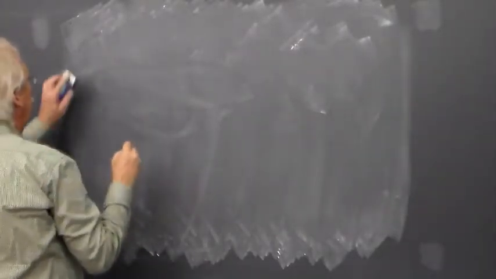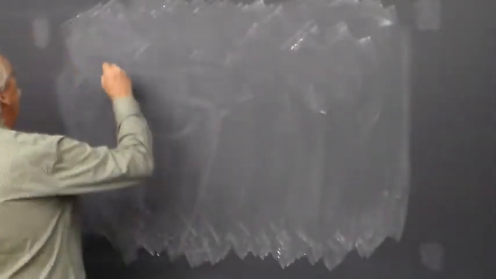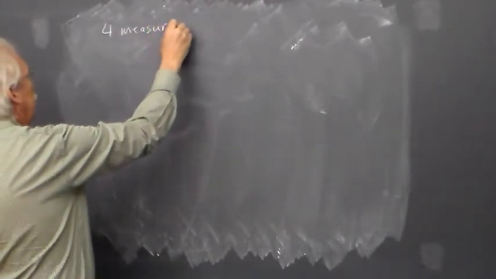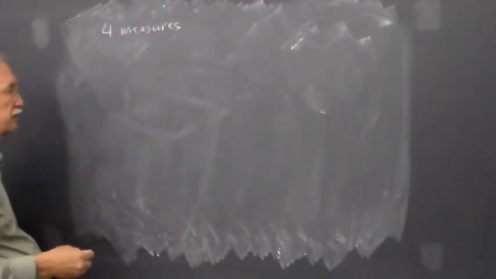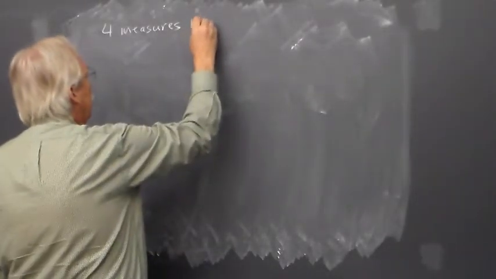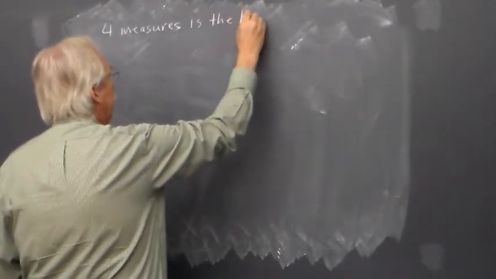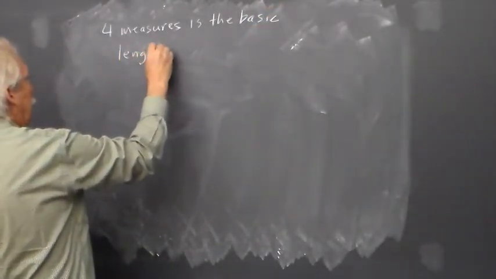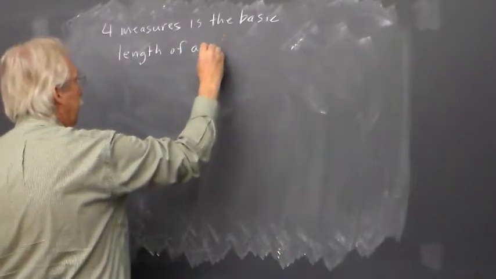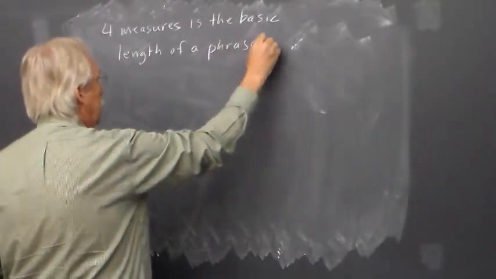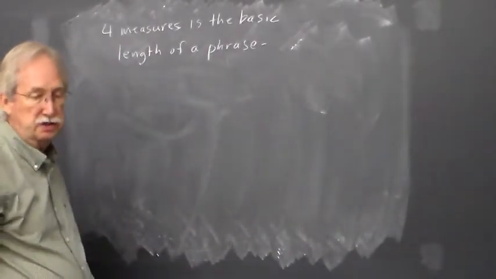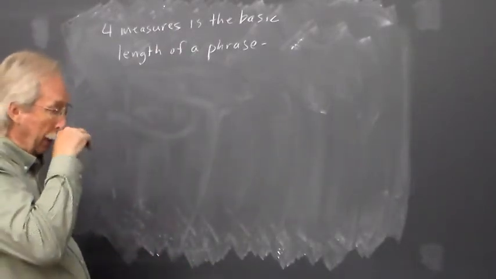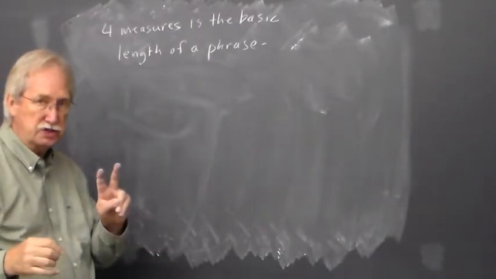So we'll put here, that's the default, like the default setting for a phrase length. However, you can look at 2-measure phrase lengths or 8-measure phrase lengths depending on 2 factors.